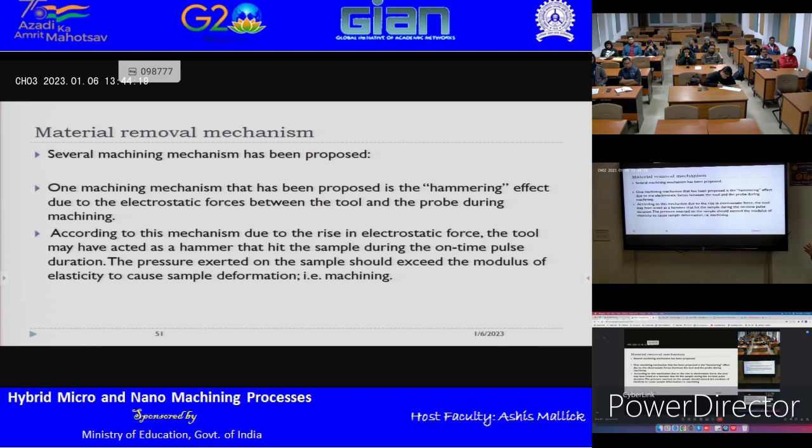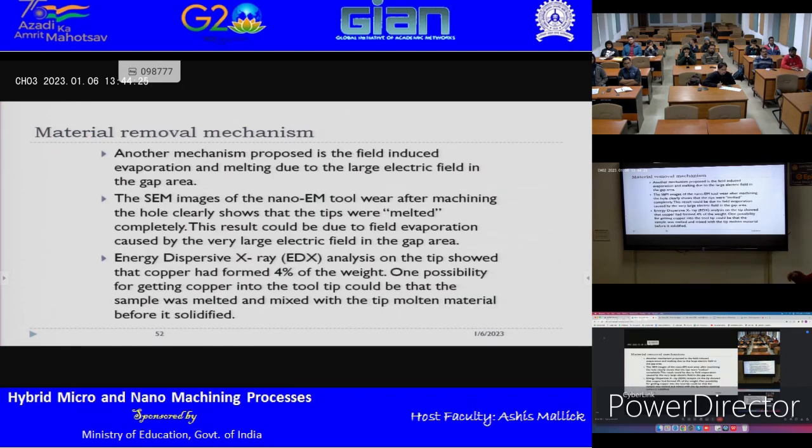Then you can also consider a hypothesis very similar to the one we gave, field induced evaporation. You are applying the voltage, and they use some dielectric also, I mentioned, deionized water.